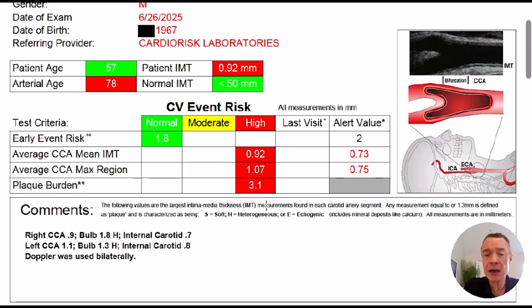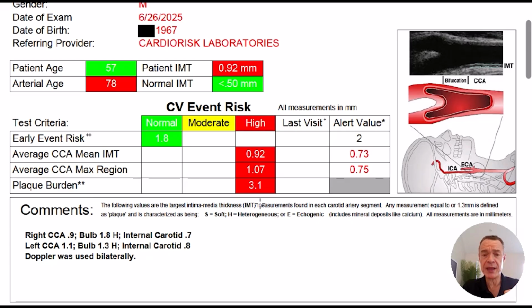And that's just a feature or a function of the ultrasound technology. When they're looking at plaque burden, they're looking at specific discrete areas, lesions. And so it's not going to be as watertight in terms of its measurement as an IMT number would be, right? Because it's a handheld device looking at a particular discrete area.